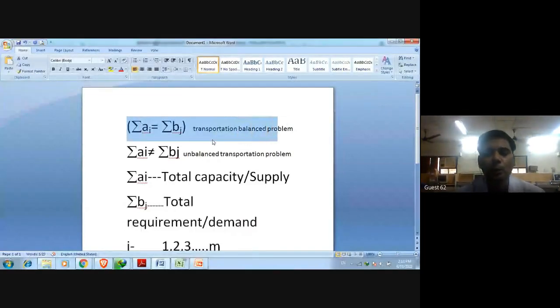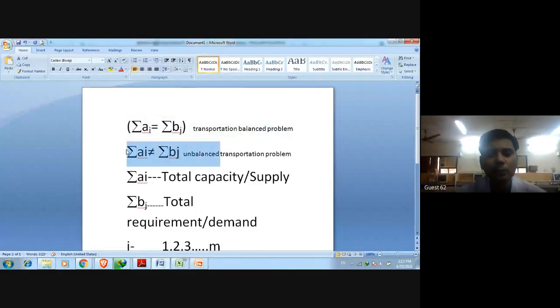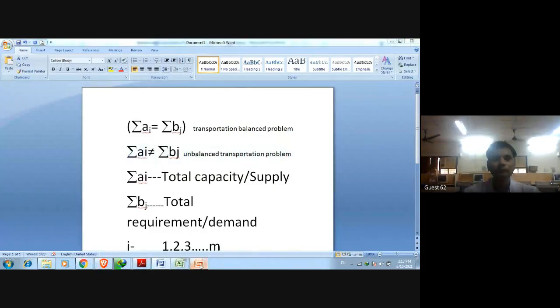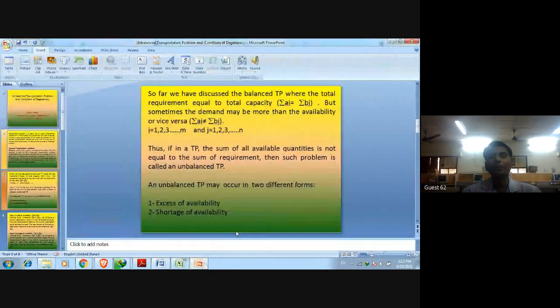So you have the solution procedure for the first condition, but how will you solve the second type, when your summation of ai is not equal to summation of bj? Let us see. An unbalanced transportation problem may occur in two different forms: either excess of availability or shortage of availability.